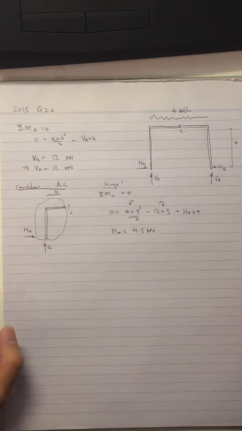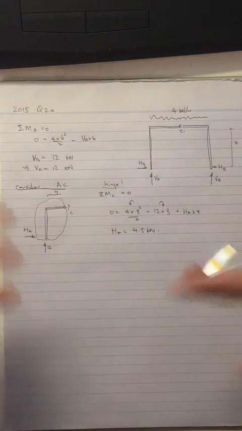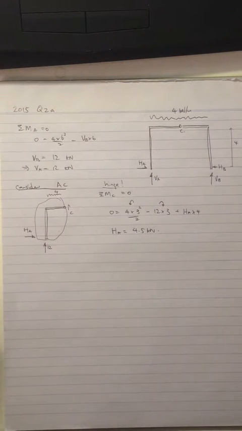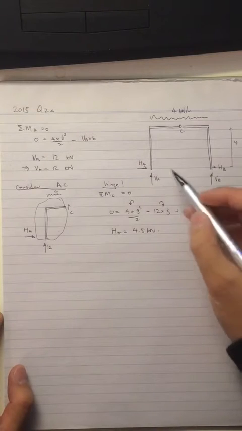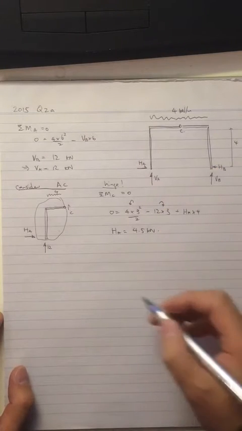Once you've got the reaction forces, to get the shear force and bending moment diagram, I think there's the long way and the short way. I'll just demonstrate the long way for you. Basically, anywhere you wish to seek the bending moment, you would create a free body cut at that location.